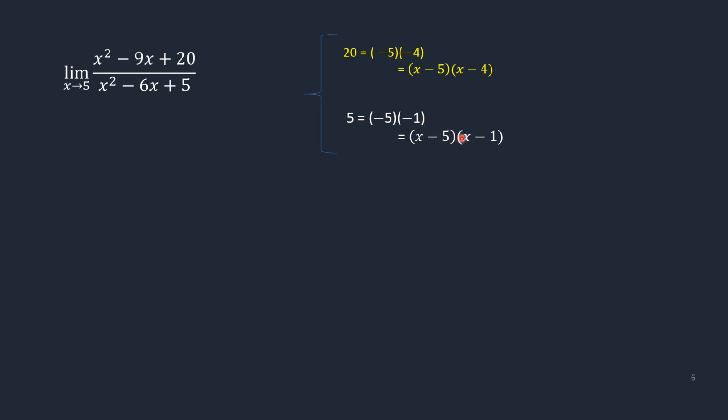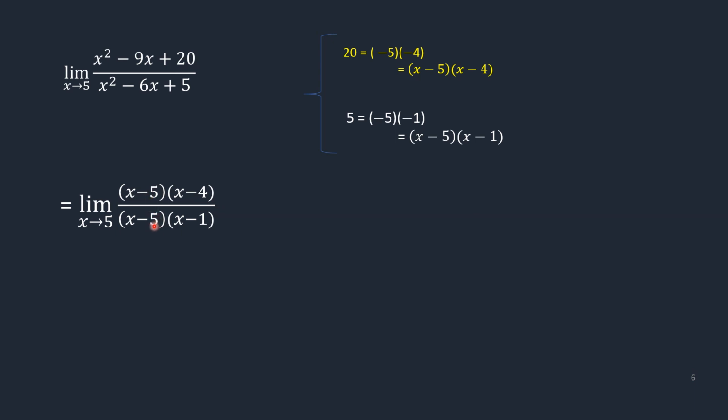By using these two factors, we will write the limit as the limit of x minus 5 multiplied by x minus 4 divided by x minus 5 multiplied by x minus 1. Here, as x approaches 5, x is not equal to 5, which means x minus 5 is not 0.